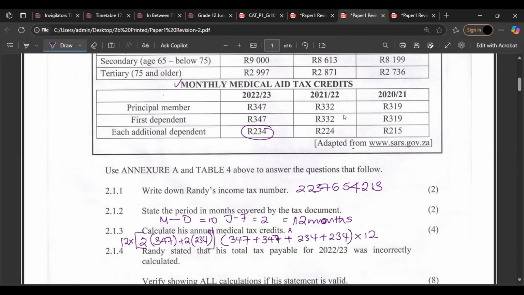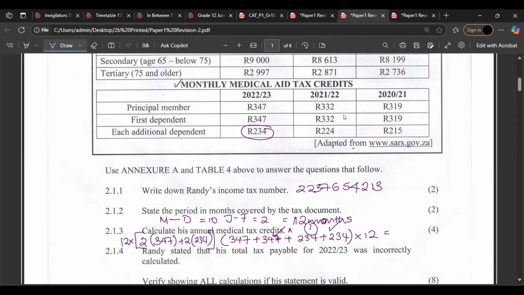Okay, here we end up having the answer. By the way, it's 4 marks. Here you already have your 2 marks for identifying this. Then simplifying and going down, which is 24 times 347 plus 234.